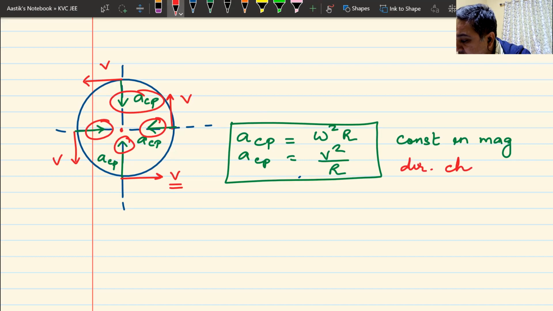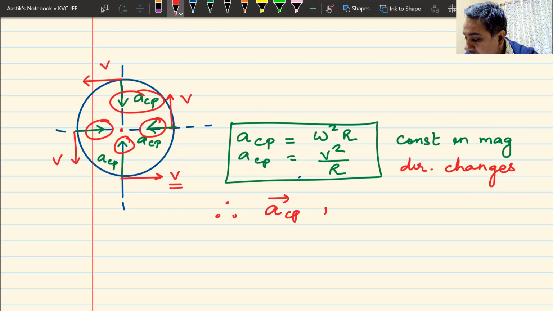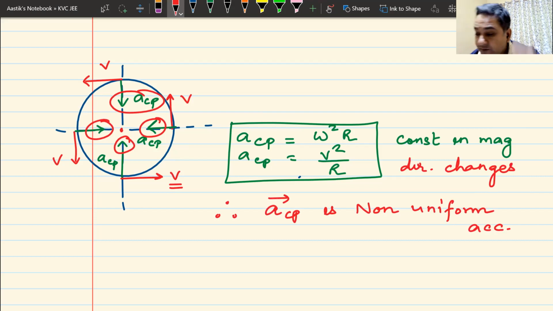And since it is a vector and its direction changes, centripetal acceleration is non-uniform acceleration. Do we understand this now? It is non-uniform because even though the magnitude remains constant, the direction of the acceleration changes.